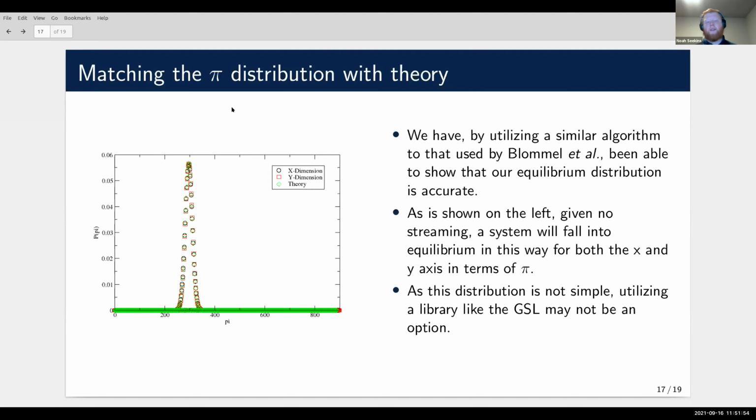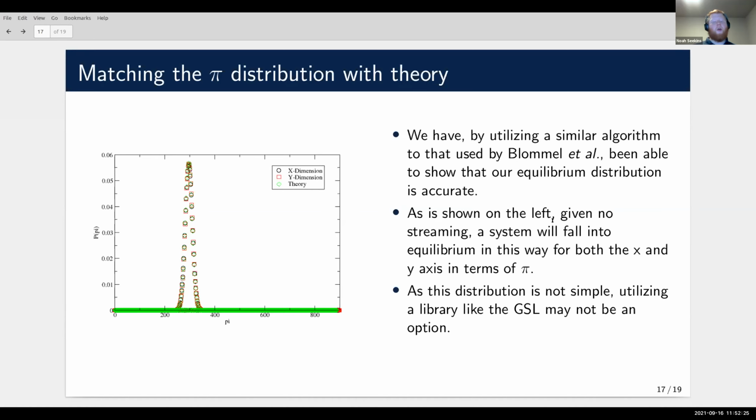So the other big thing is that we've determined, utilizing a similar algorithm utilized by Blommel et al., who have created a working hydrodynamic lattice gas, which utilizes two particle random collisions in order to simulate. When we take the equilibrium distribution for a two-dimensional system of both x and y, it agrees with our theoretical distribution that we've determined here.